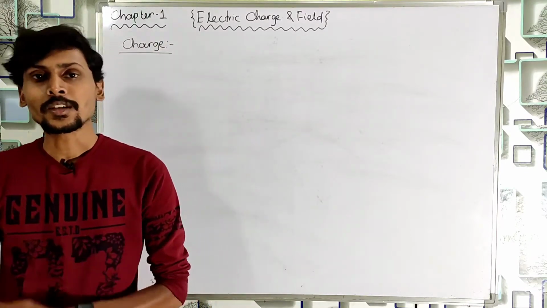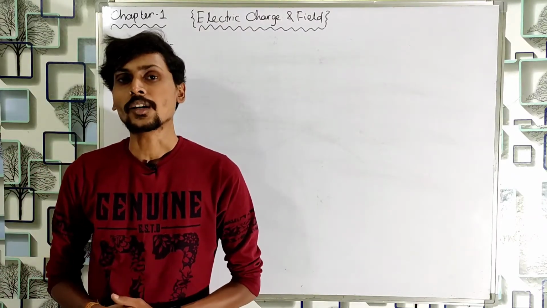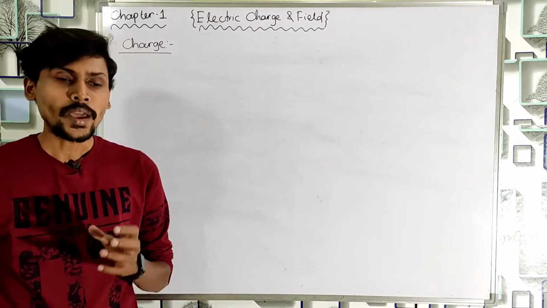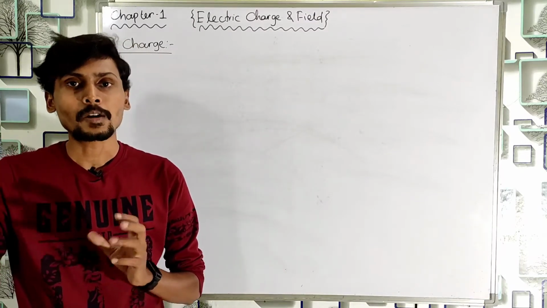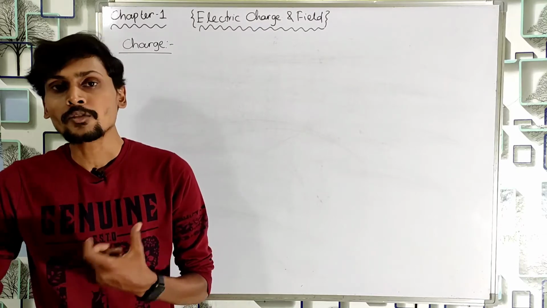So the first question is, what is the meaning of charge or how can we define a charge? So in lower classes we have some idea about charge, but if you want to write the definition, then how can you write it?